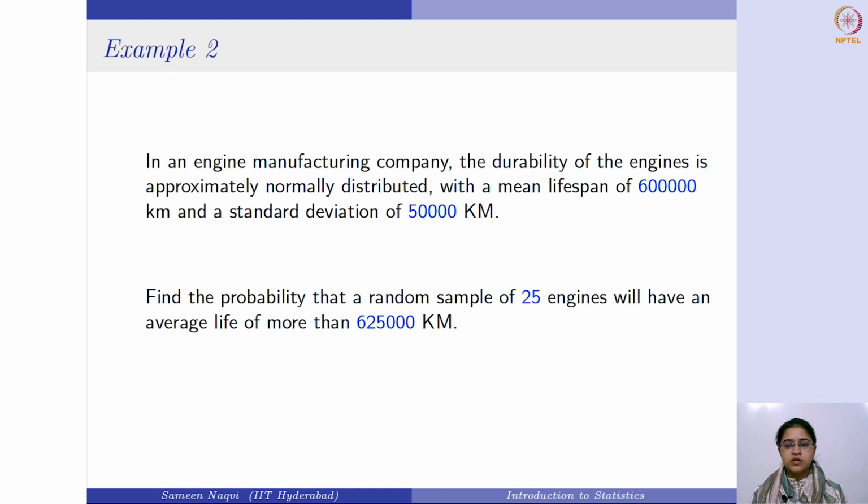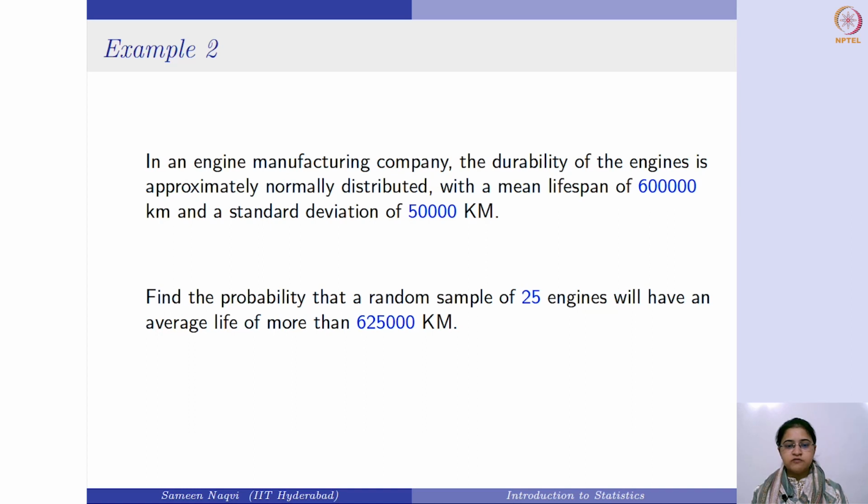We are already told that they are coming from a normal population. Mean lifespan is basically your mu, so we will note down 600,000 over here. And the standard deviation is 50,000, that also we will note down.